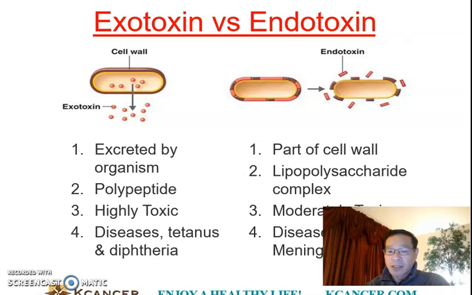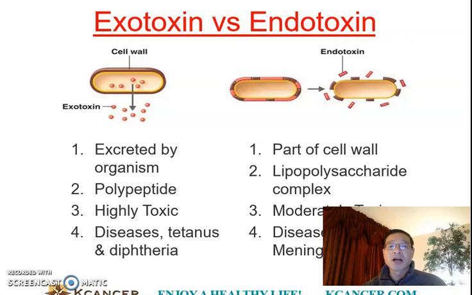Generally speaking, the exotoxin is highly toxic, however endotoxin generally has moderate toxicity. Both toxins can cause diseases, such as tetanus, which is caused by the tetanus toxin, and the endotoxin can also cause some very serious disease, such as sepsis.